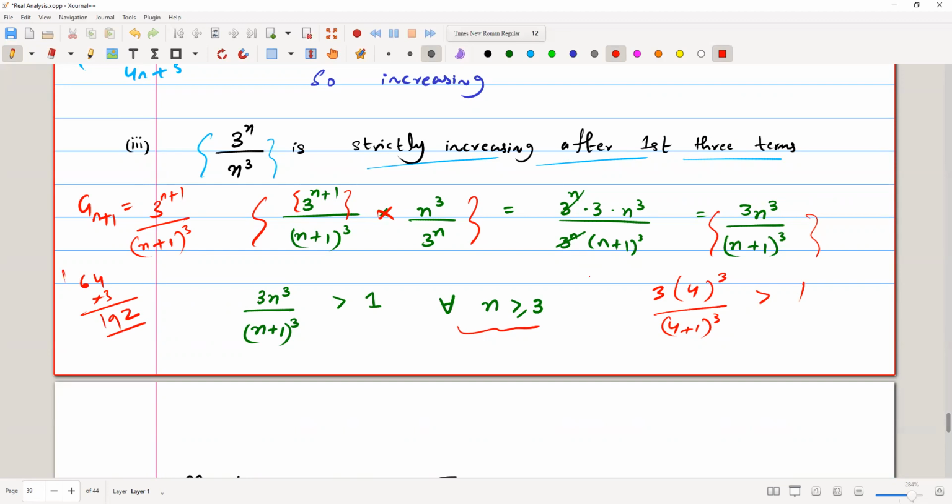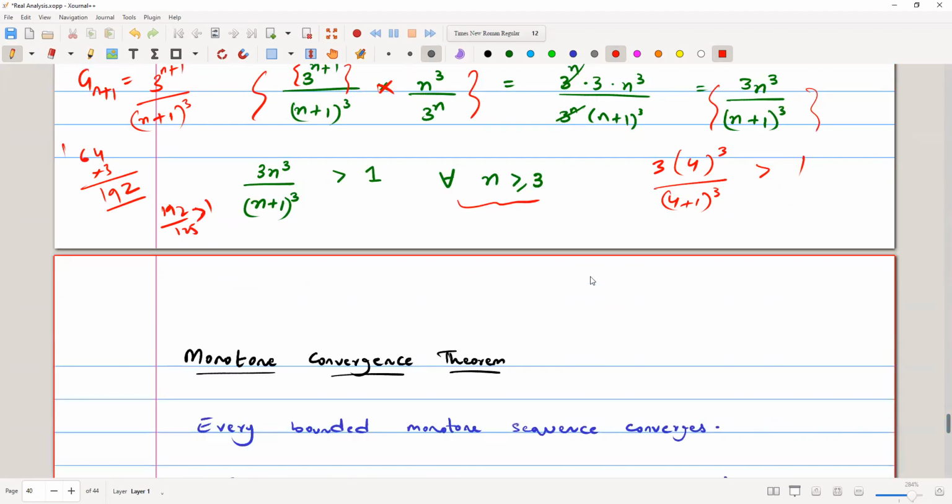So you can see that this will be 192 over 125, which is greater than 1. And we can check for every value. So this is greater than 1, which means that this is strictly increasing after the first 3 terms.